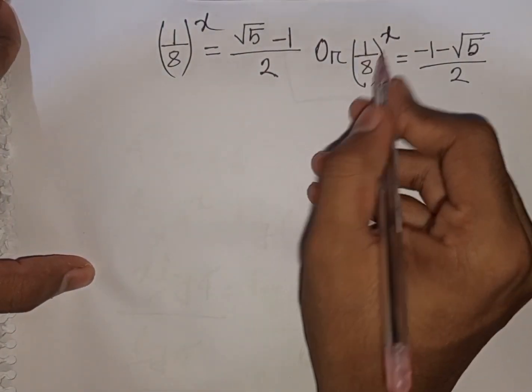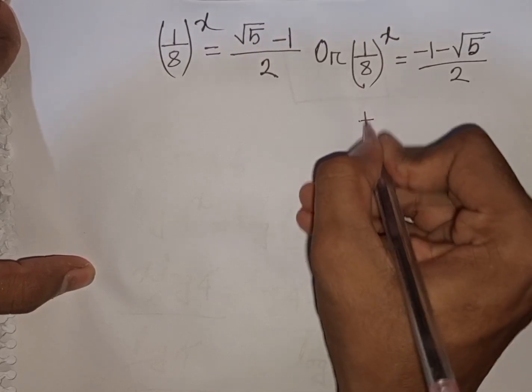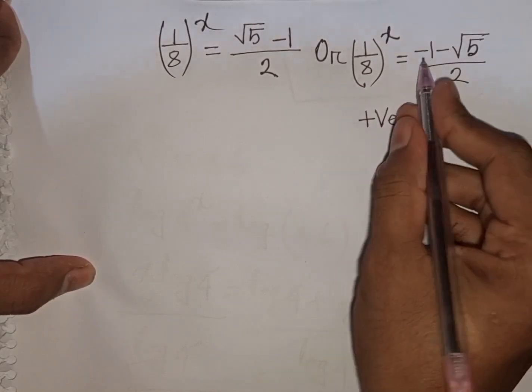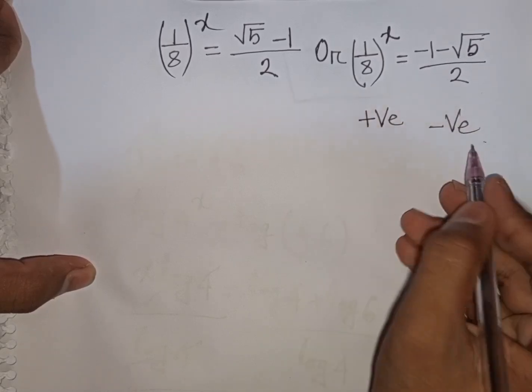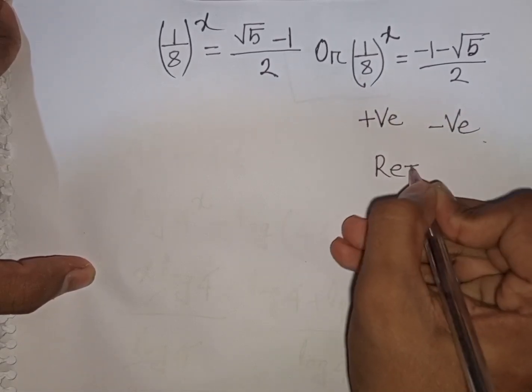We see (1/8) to any power is always positive, but this is negative. So, positive cannot be equal to negative. So, this is rejected.